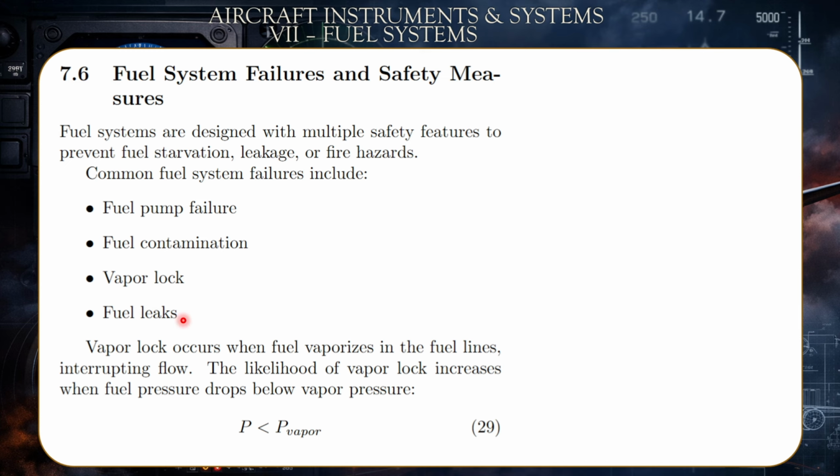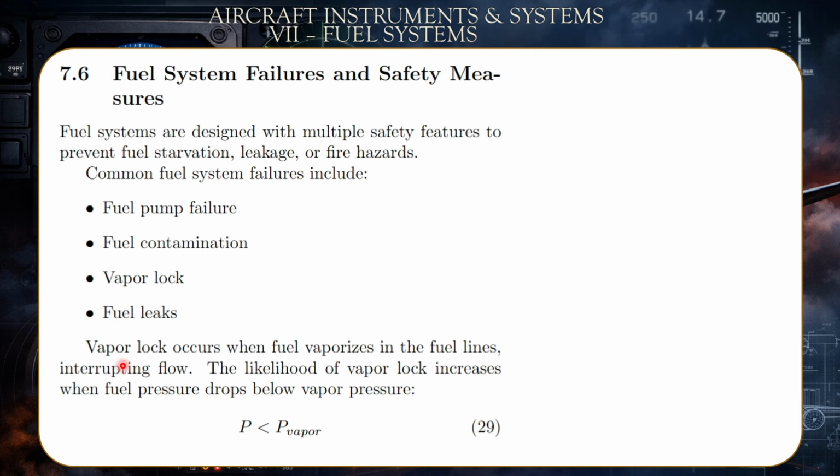And fuel leaks, meaning when you have a puncture in the wing somewhere or in the reservoir in lower, like turboprop, smaller airplanes, okay? Because they house the fuel differently than the jet planes that house the fuel within the wings themselves.